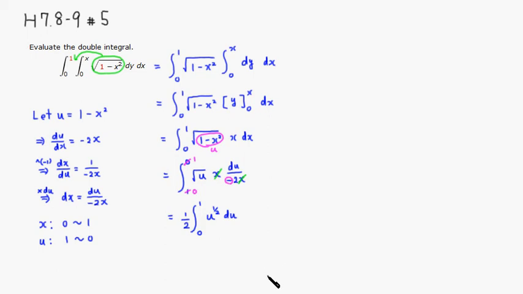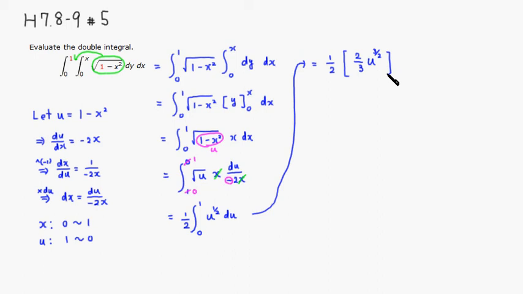Alright, so take the antiderivative of this. I'm going to go up here, so there's more room. So the 1/2 is still there. And we can find the antiderivative. The antiderivative of this guy would be to add 1 to the power, so it's 3/2 power, and dividing by 3/2 is equivalent to multiplying by 2/3.